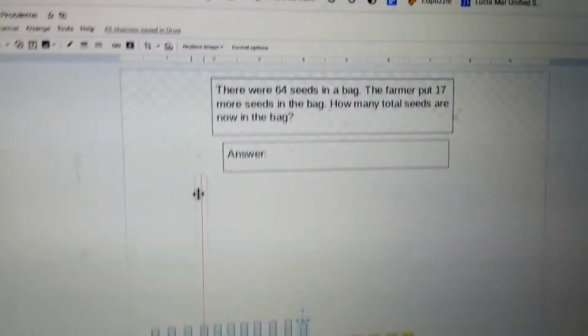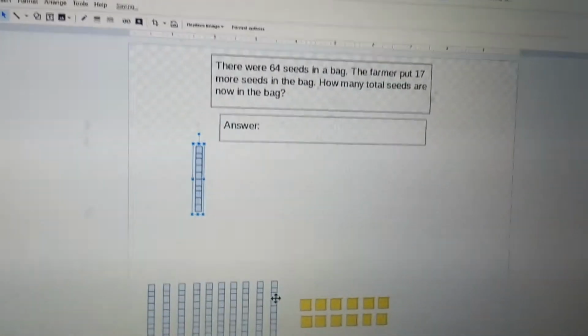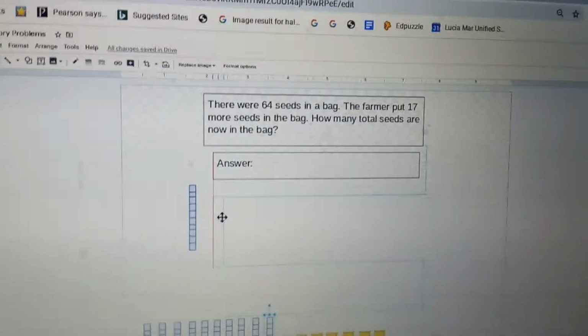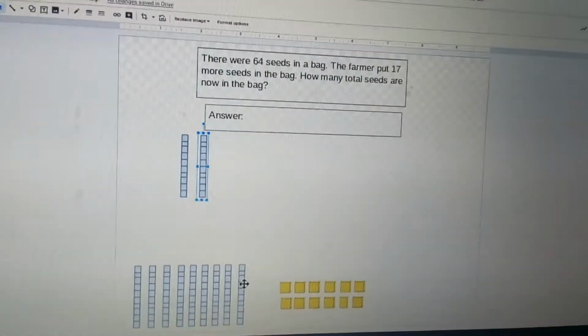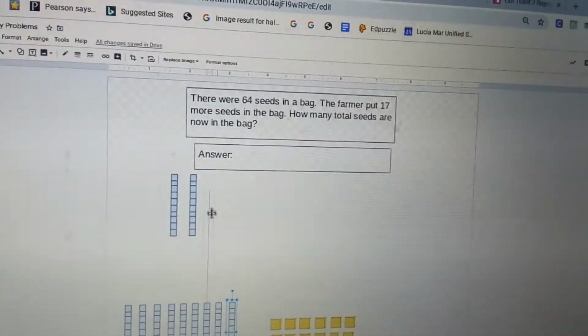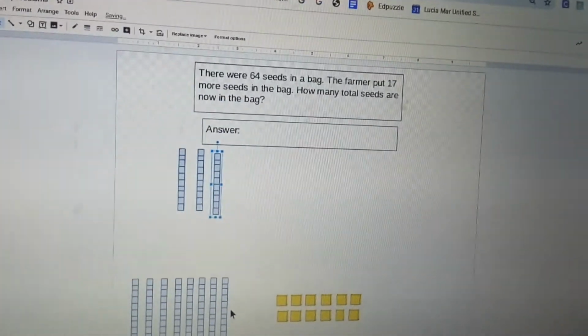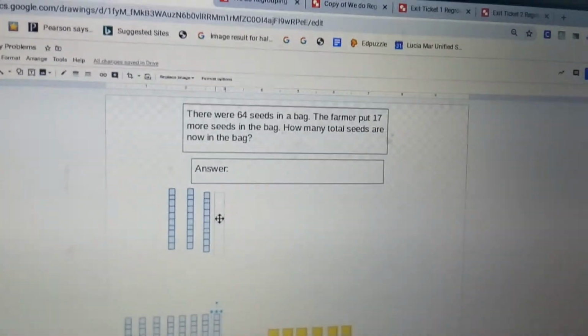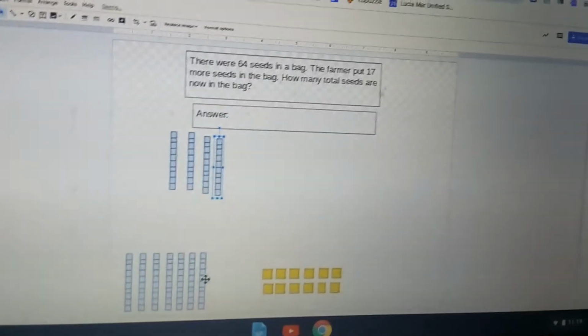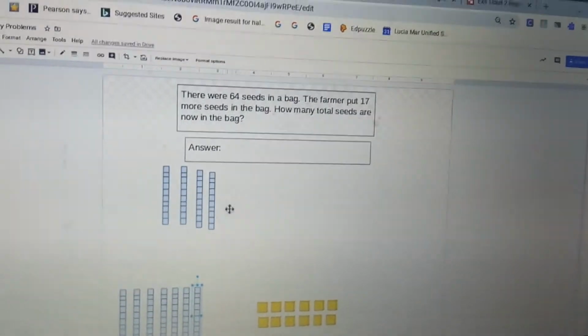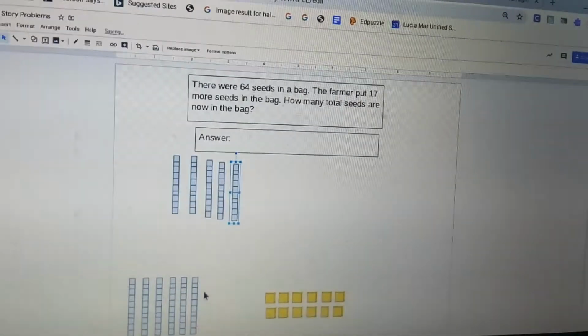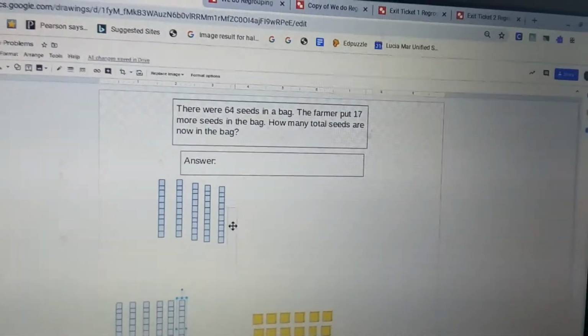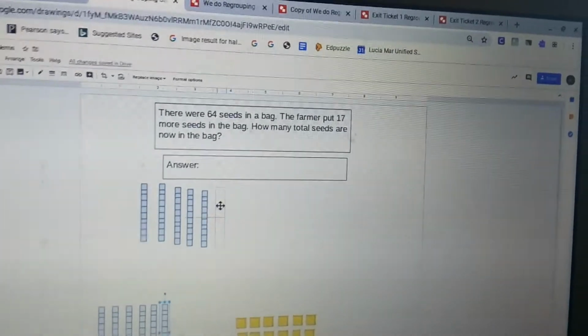So I have 10, 20, 30, 40, 50, and 60. So here's my 6 tens.